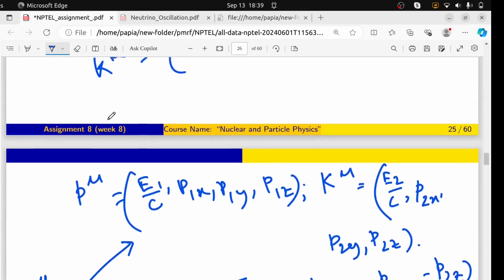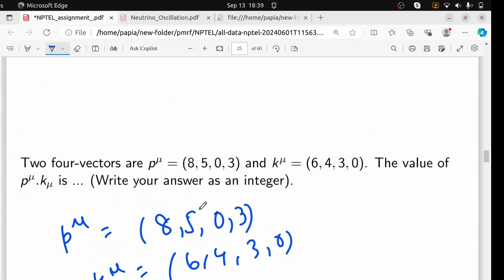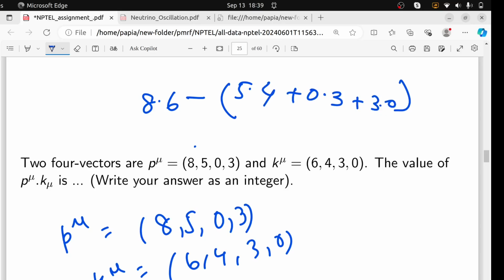How can I calculate that one? I calculate it with the help of the vectors, as one is superscript and another one is subscript. So 8 into 8 into 6 minus the whole of 5 into 4 plus 0 into 3 plus 3 into 0.